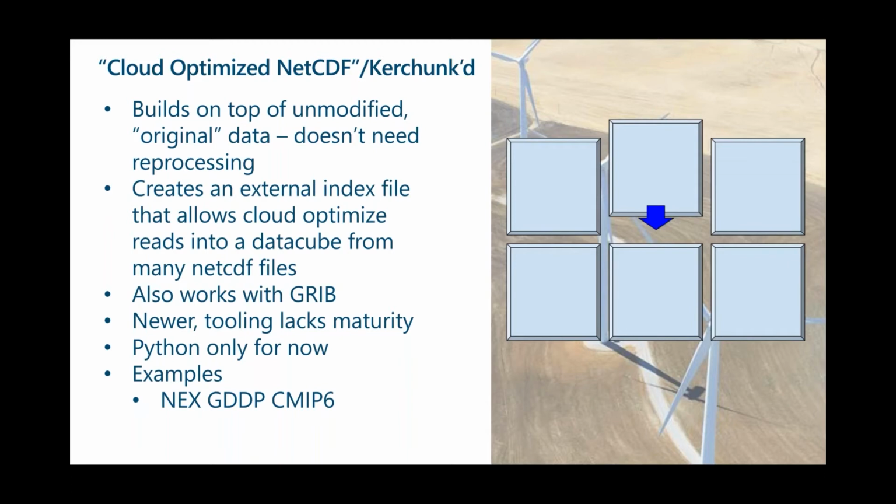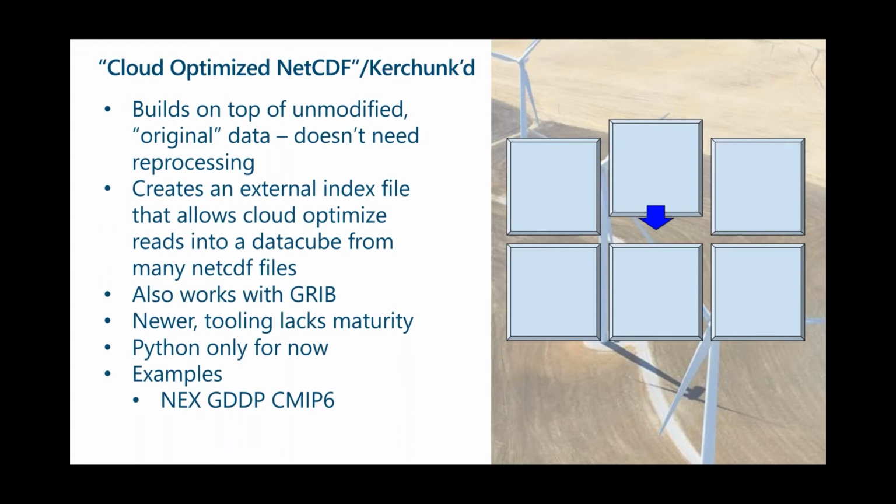This is continuing that pattern of using the well-known formats and then building a cloud optimized format of that. However, it is a newer tool. The tooling lacks maturity. It's only Python for now. Would love to see this mature into a full-fledged alternative to cloud optimized formats for multidimensional data.